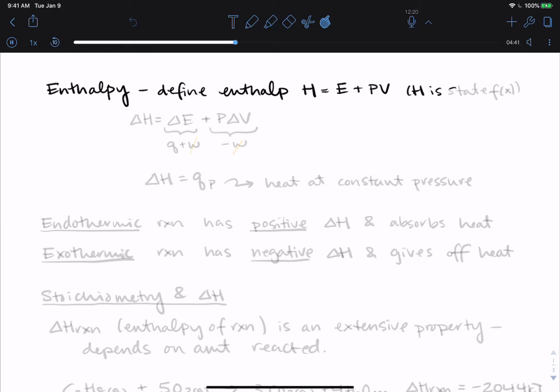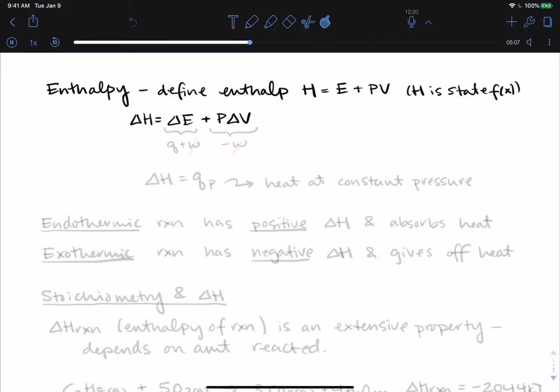Enthalpy is a state function. That's kind of nice. If it's a state function, that means we can just do final minus initial to figure out changes. Our delta H is going to be delta E plus P delta V, with no delta P because we're doing constant pressure.